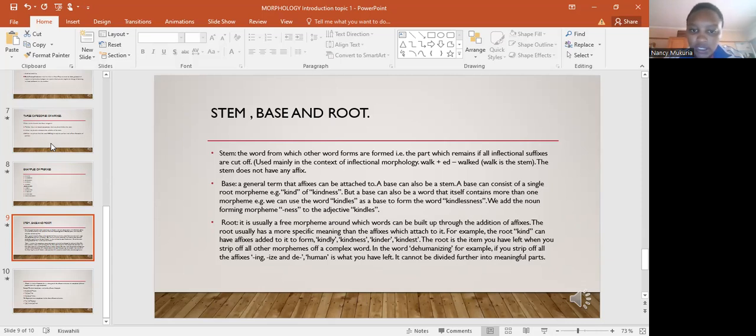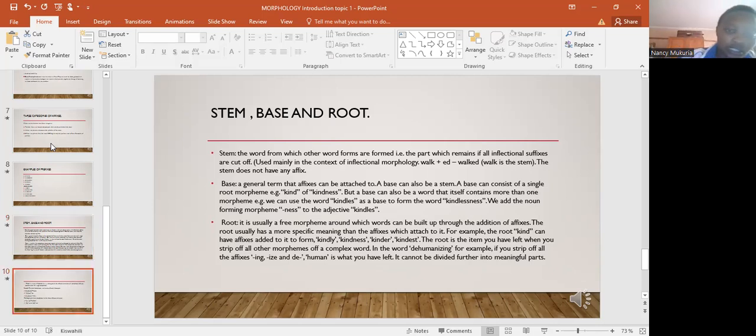E.g., we can see the word kindness as the base of kindnesses. The root is usually a frame around which words can be built up through addition of affixes. The root usually has more specific meaning than the affix which it is attached to. For example, the root kind can have affixes added to it to form kindly, kindness, kinder, kindest.